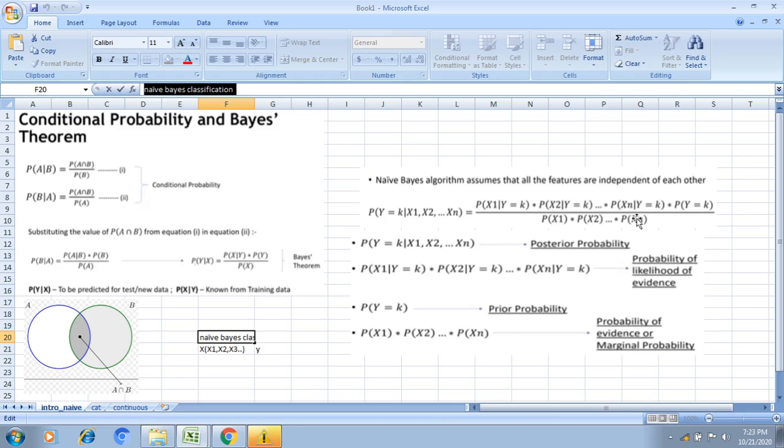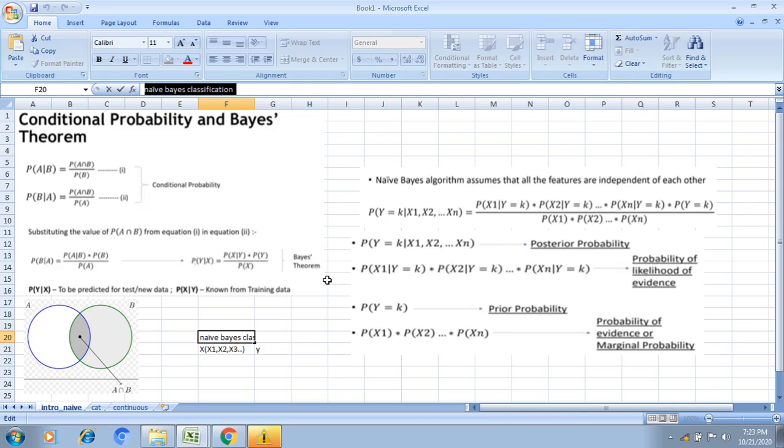The other term in the numerator is the prior probability, and the denominator is the probability of evidence. So this is our posterior probability, this is my likelihood, this is my prior probability, and this is the probability of evidence. By using these three terms we represent it in machine learning terms. Now we understood the Bayes theorem.